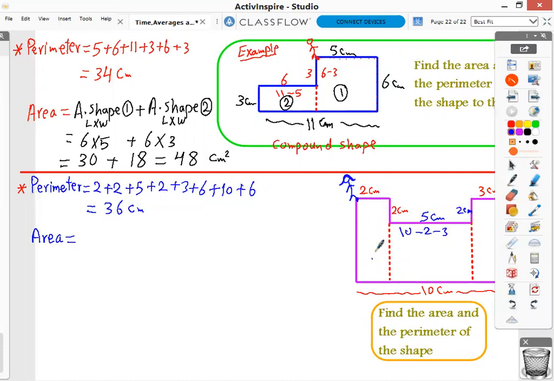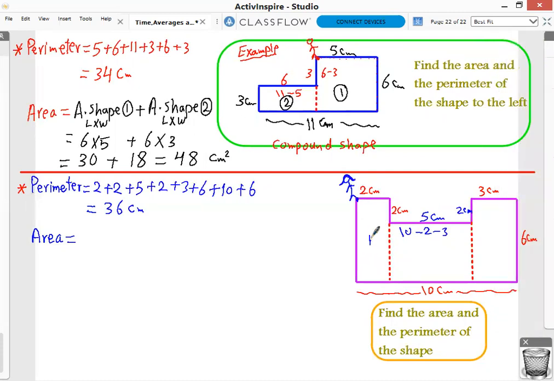What about this rectangle? Here is shape 1. Here is rectangle 2. Here is rectangle 3. It's clear. 6 multiply what? 3. What about this one? 6 multiply 2. What about this one? Here is 6. 5. 5 multiply what? Very good. Here is 6 minus what?